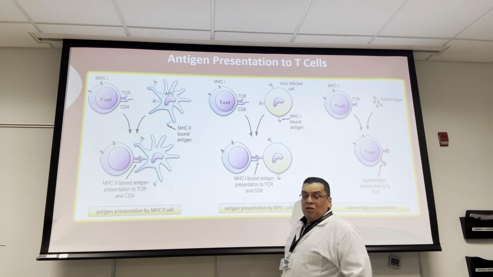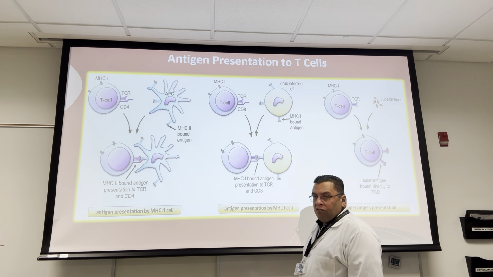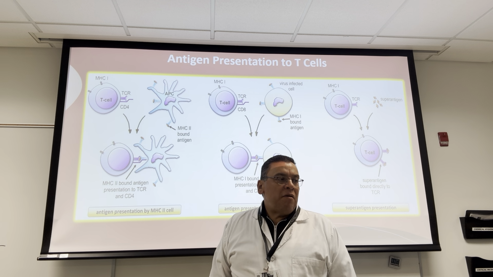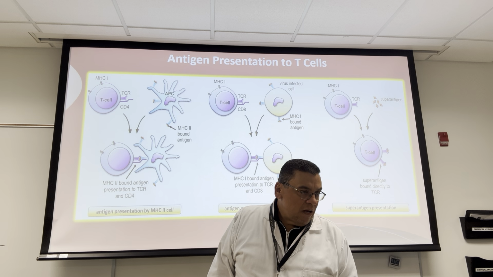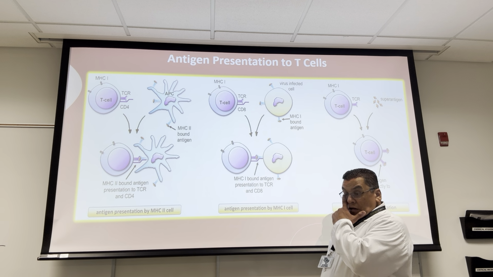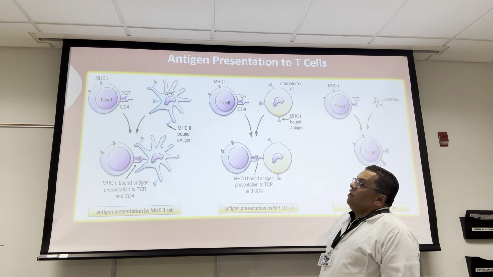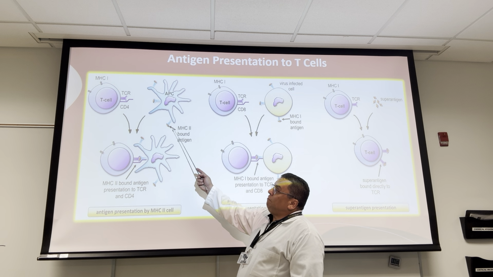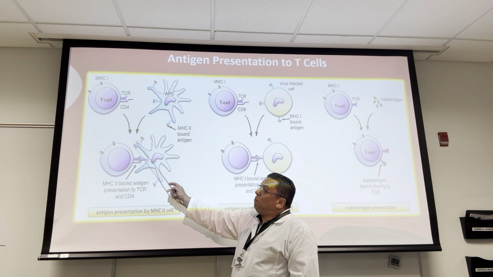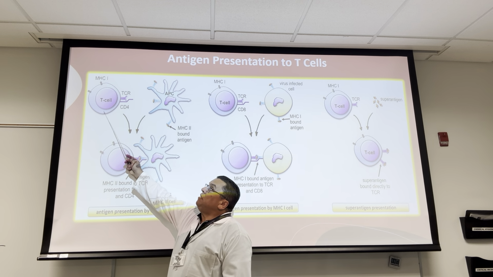So any antigen other than viral will be presented on MHC2. Viral antigens are presented on MHC1. There you go. But that's a different story. So we're going to exclude viral antigens for now. So all other antigens other than viral will be presented on MHC2. Presented to who? To the boss of the immune system, the helper T cell. How do I know it's helper T cell? It has CD4.